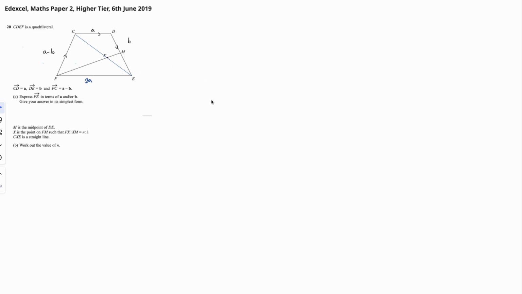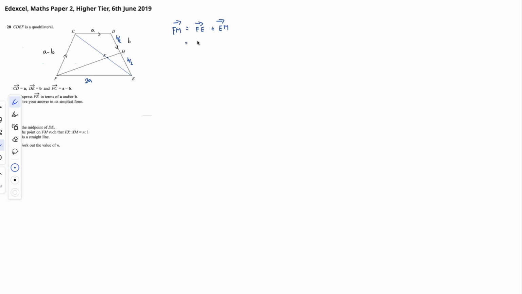So let's make a vector expression for FM to start with. So FM is equal to FE plus the vector E to M. Now we know that the vector D to E is denoted by b, and we know that M is a midway point, so that means it's halfway, so these points are half of b.